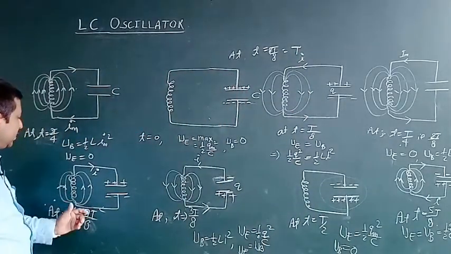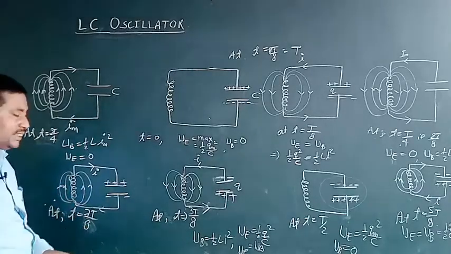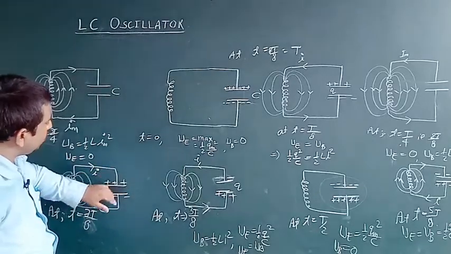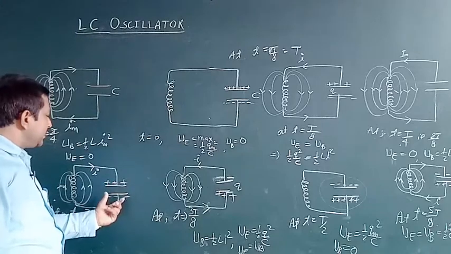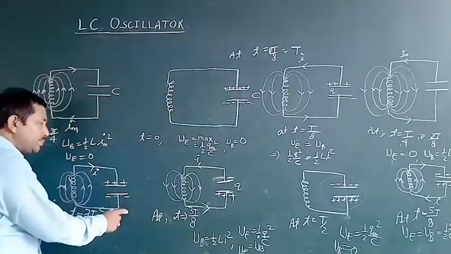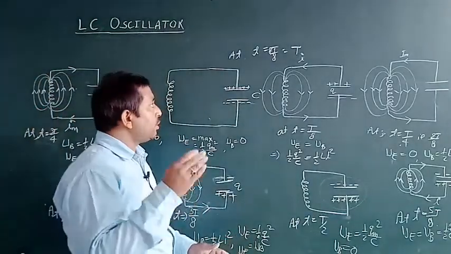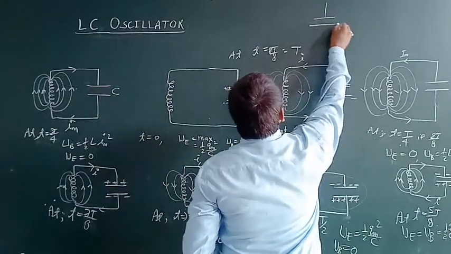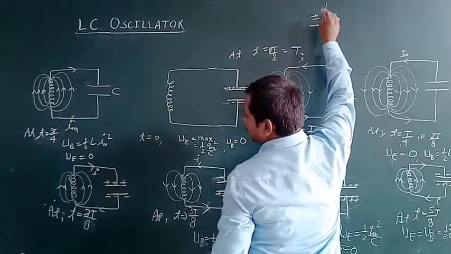The total energy of the inductor will disappear, and the total energy of the inductor will be present in the form of electrostatic energy in the capacitor. In this case the capacitor becomes fully charged and the current stops, because when the capacitor is fully charged, the capacitor blocks the current.